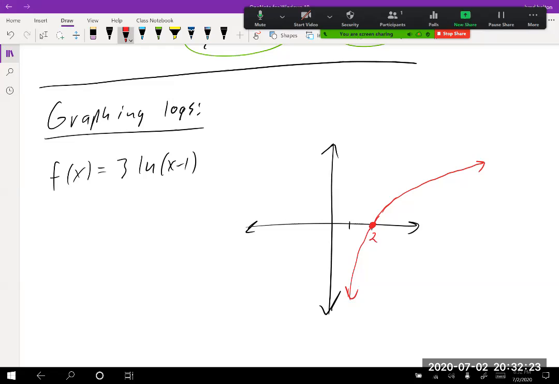And again, that's because if you ever want to find x-intercepts, you let y equal 0. So we have 0 equals 3 natural log of x minus 1. Now the question becomes, when you take the log of anything, when would you ever get 1 as the answer inside, right?